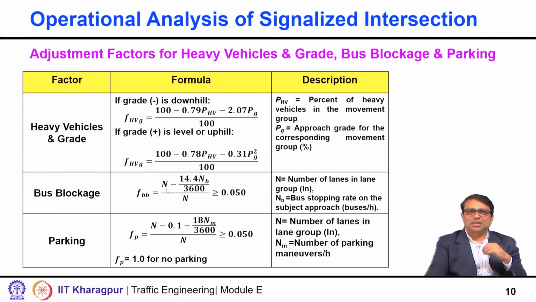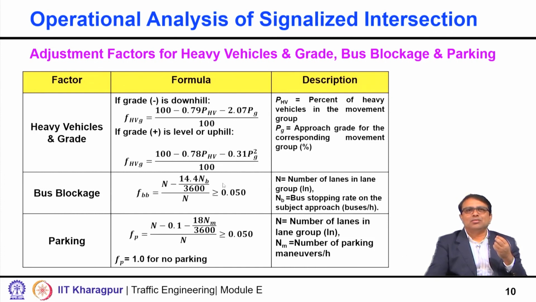So, this equation is given: capital N minus 14.4 N_B by 3600, the whole thing divided by N. Now, if one bus is stopping, then the impact is, you can consider, like 14.4 seconds.